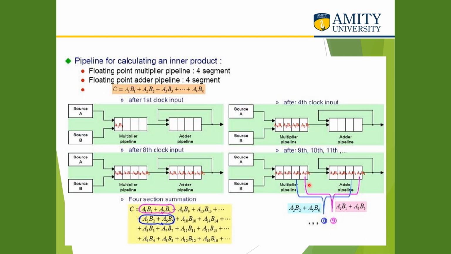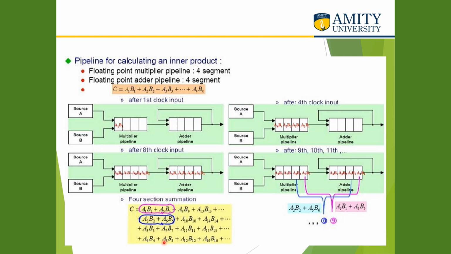At the 9th cycle our output is the product of a1 b1 and the product of a5 b5, and then their sum is made. At the 10th cycle we get a2 b2 plus a6 b6.